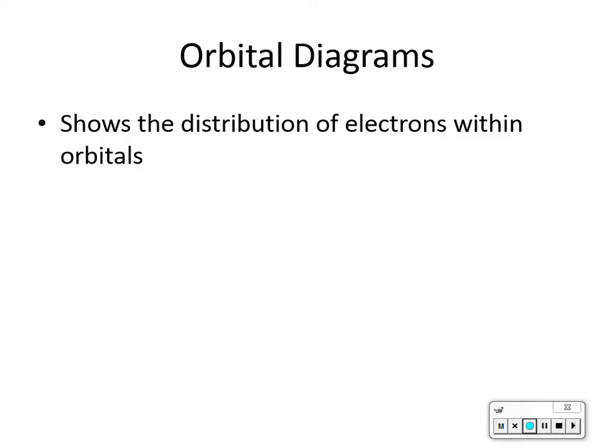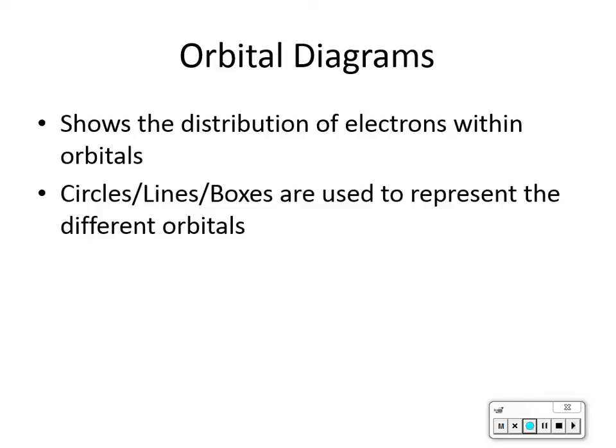We use circles or lines or boxes to represent the different orbitals.